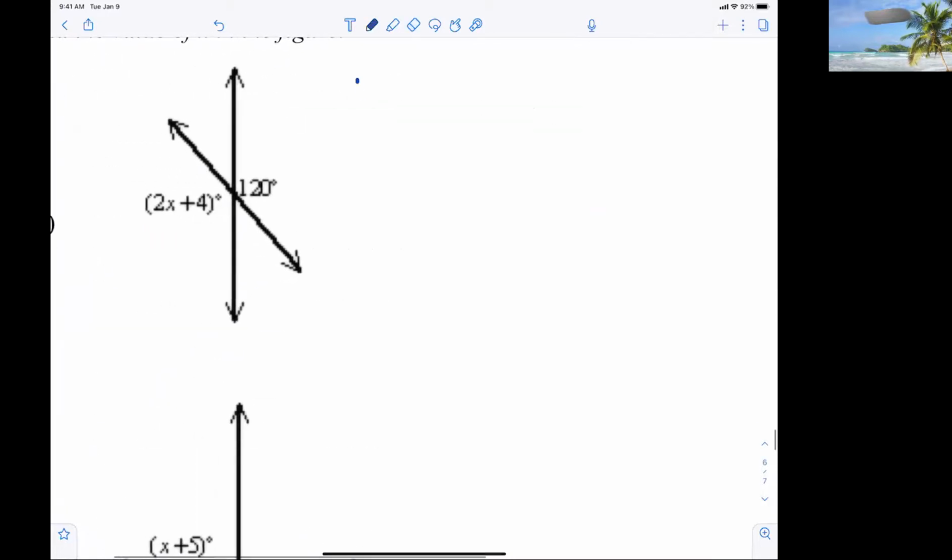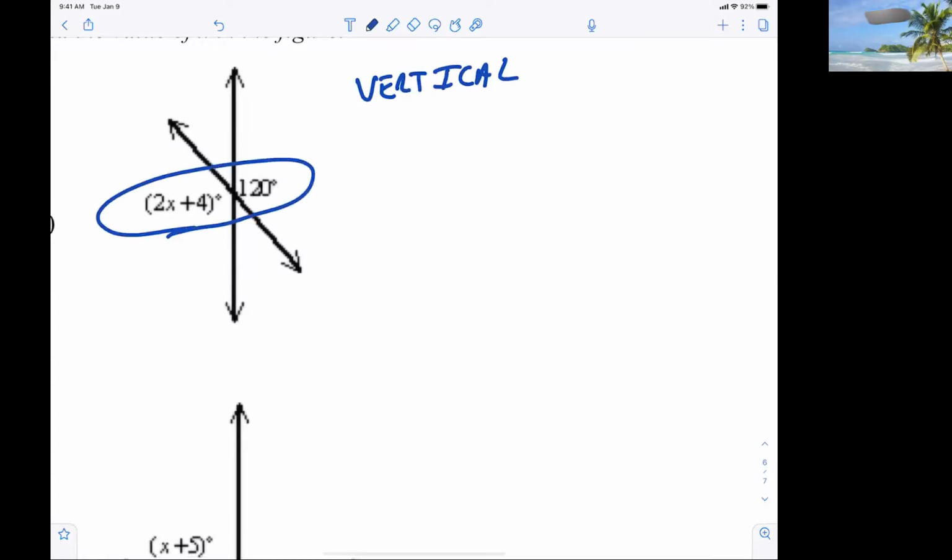So what's true about vertical angles, KK? The ones directly across from each other are always what? The same. So now everybody's got to write down 2x plus 4 equals 120. Now you got to solve this equation.